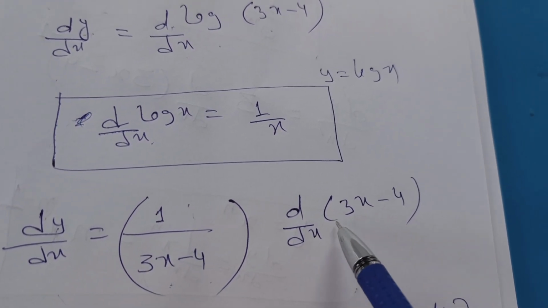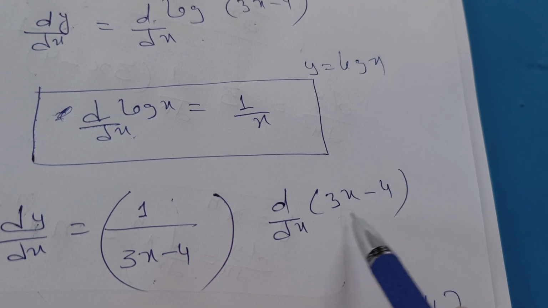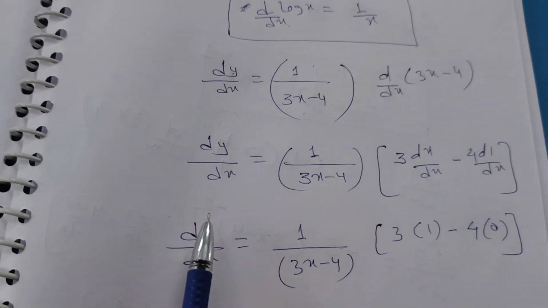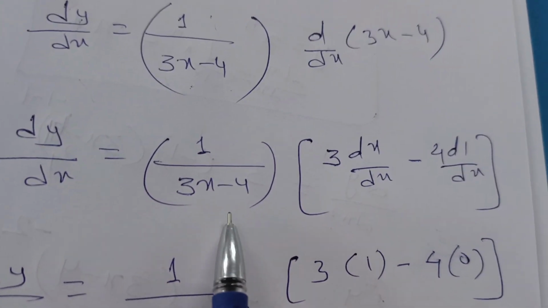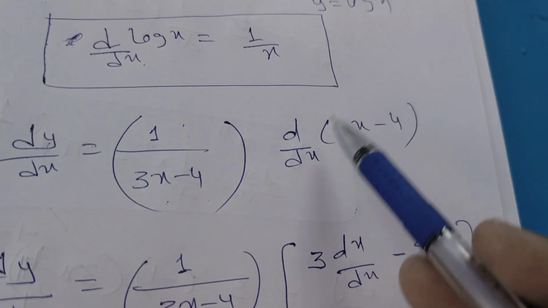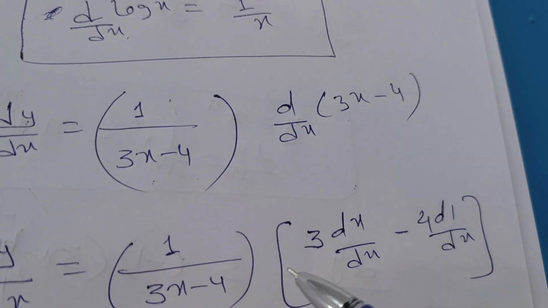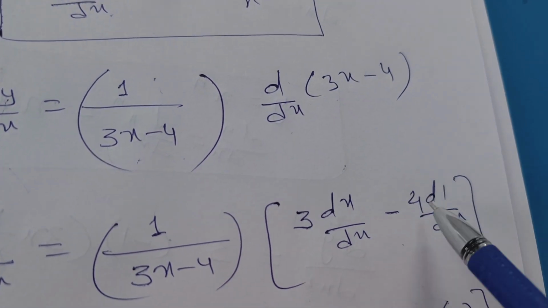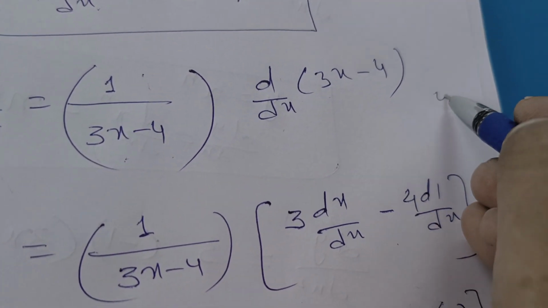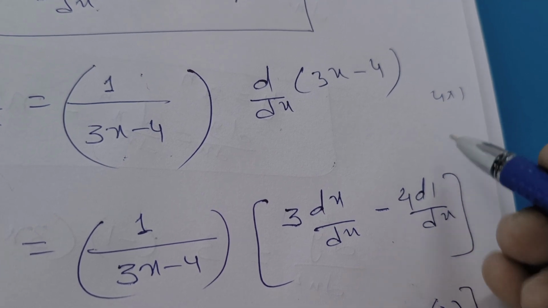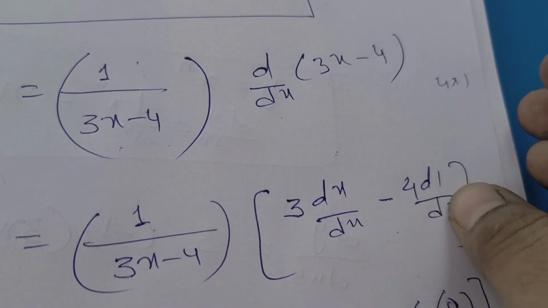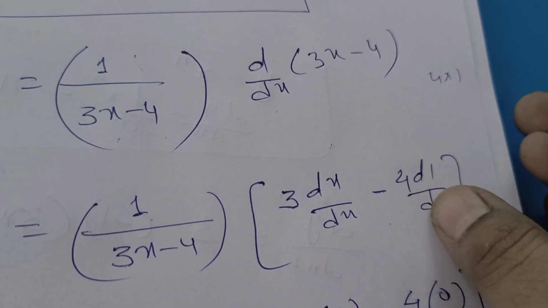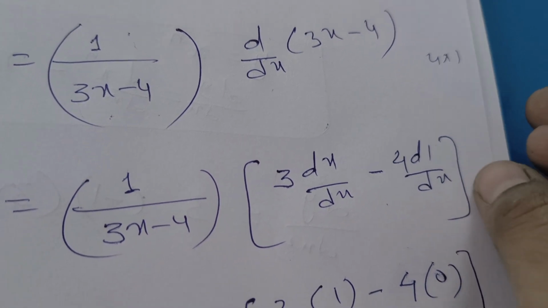Again we are differentiating this term, d by dx of 3x minus 4. dy by dx is equal to 1 by 3x minus 4, keep as it is. Inner derivative of this term: 3 we are writing before the differentiation, it is dx by dx, minus 4 can be written as 4 into 1, 4 ones are 4. So we are writing 4 outside, d1 by dx. We know that the derivative of 1 with respect to x is 0.